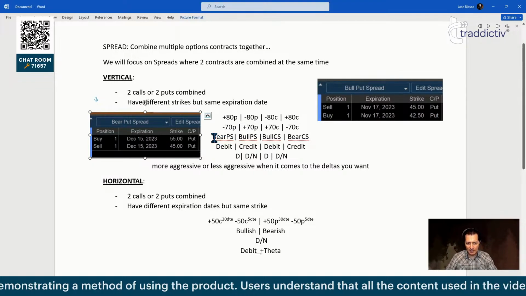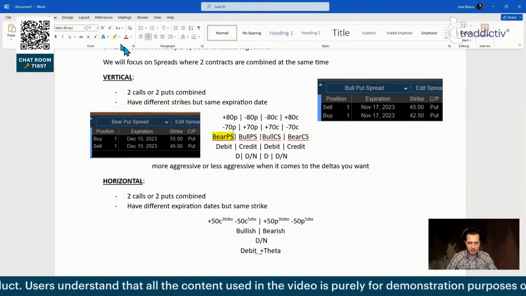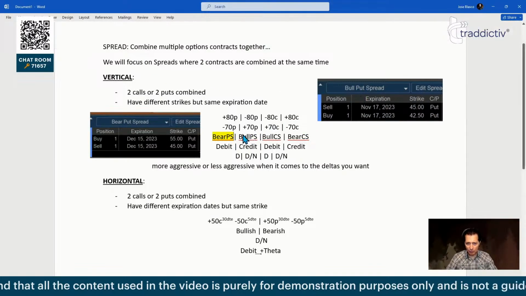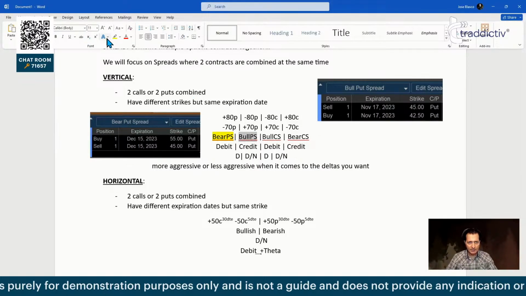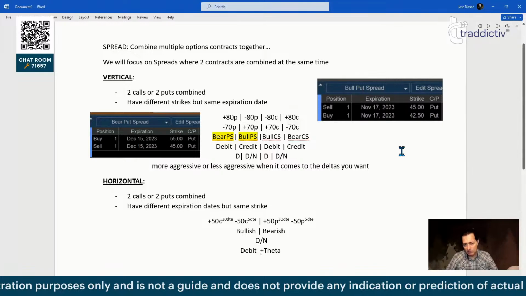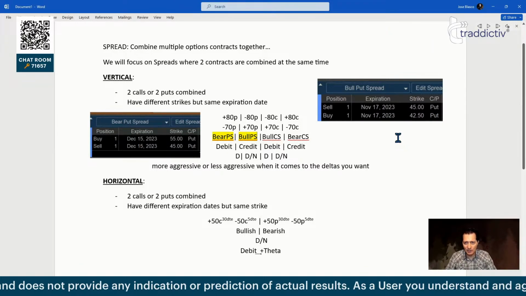Bear put spread, okay? So bear put spread, this is the one I'm doing, and the one I did before was the bull put spread. Those are the two screenshots that you have. I did both with puts. But one is bullish, one is bearish, one is debit, one is credit. So I think it's a good illustration.